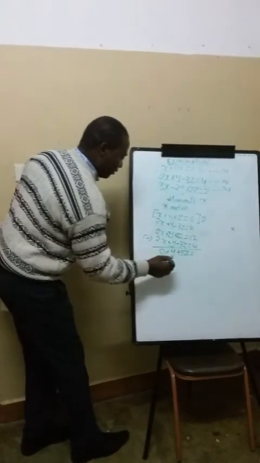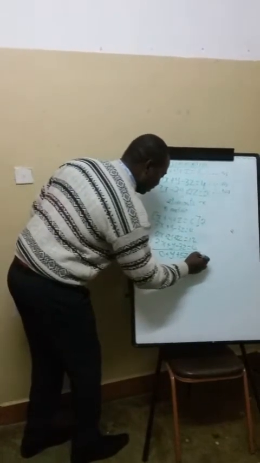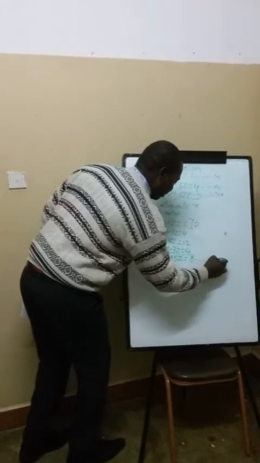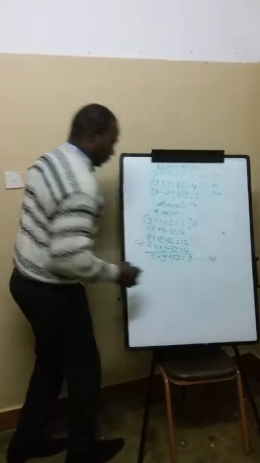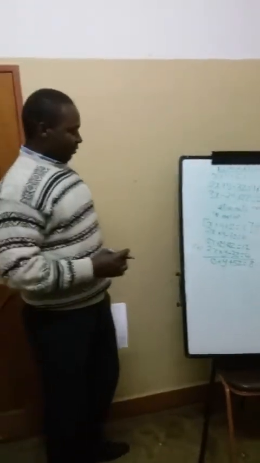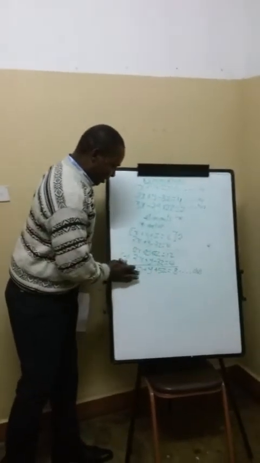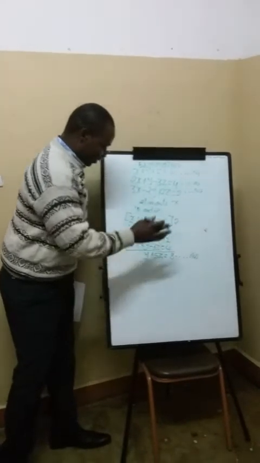And 12 minus 4, we get 8. We're going to name this one equation number 4. This is how we find an equation in two variables.